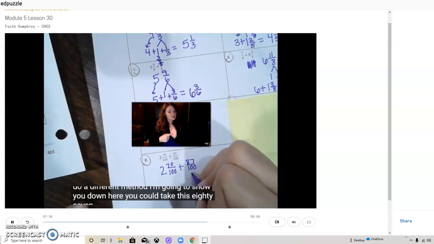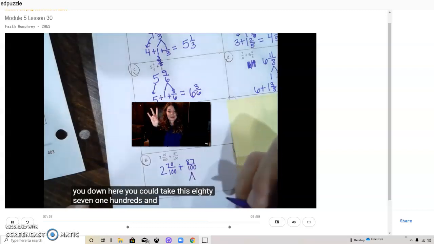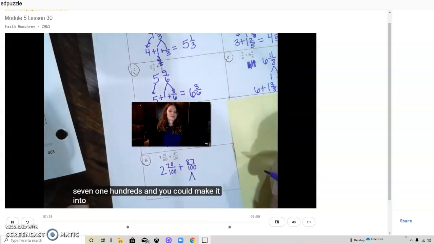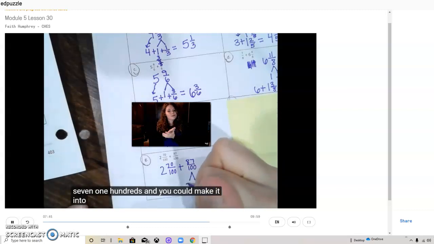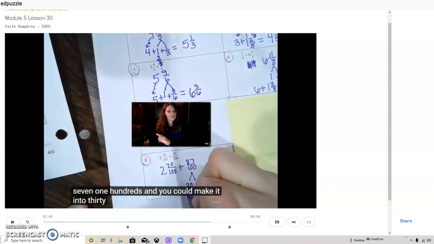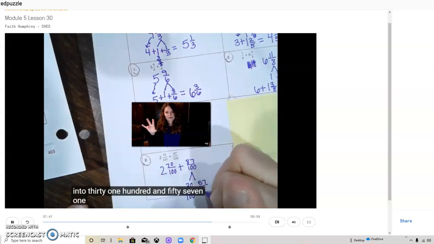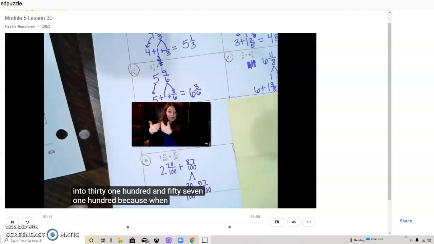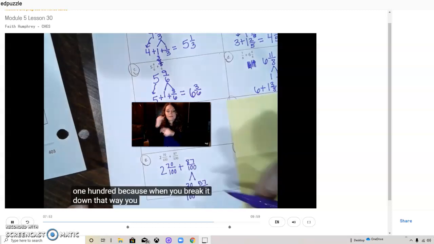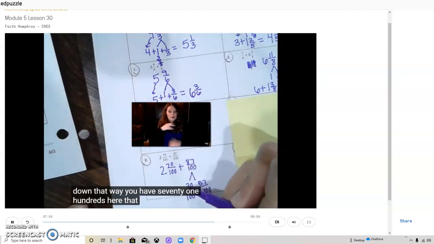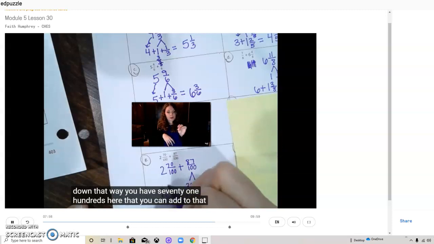You could take this 87/100 and you could make it into 30/100 and 57/100, because when you break it down that way, you have 70/100 here that you can add to that.